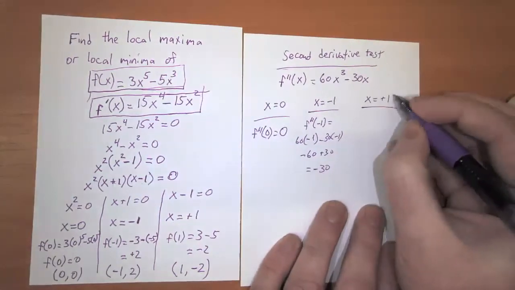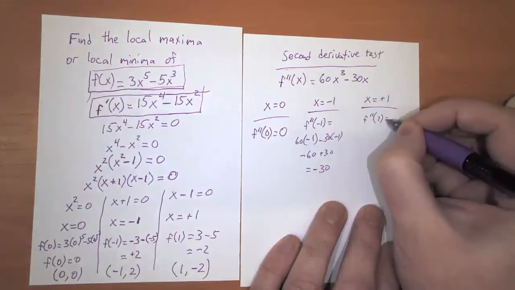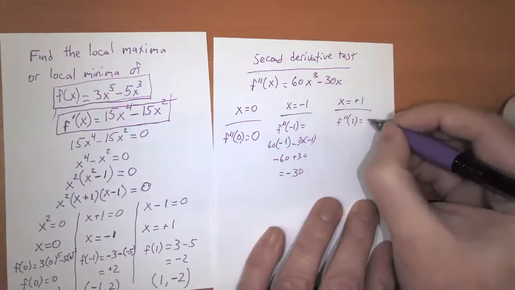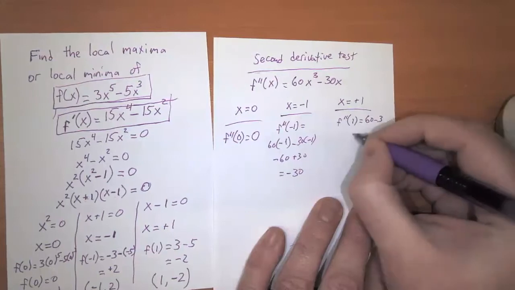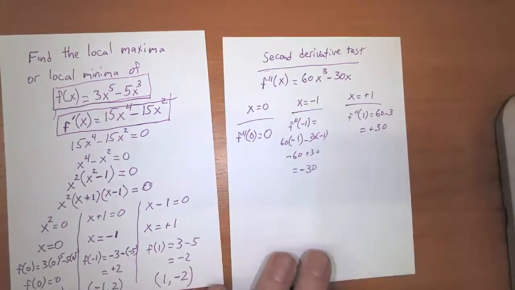And finally, when x was equal to +1, the second derivative evaluated at 1 was 60 minus 30, which is equal to +30.